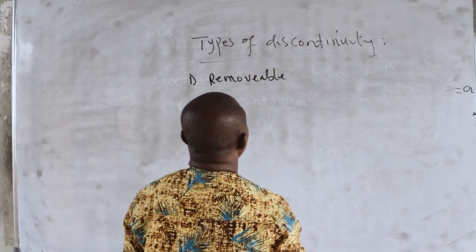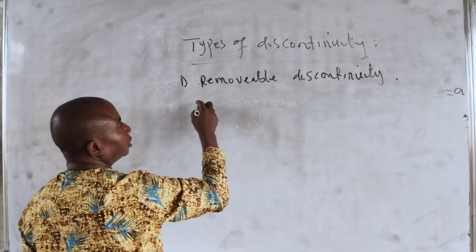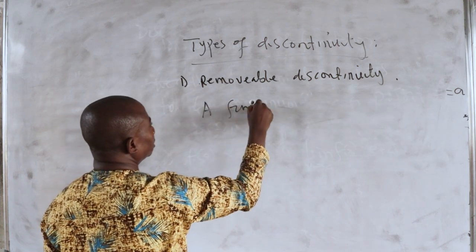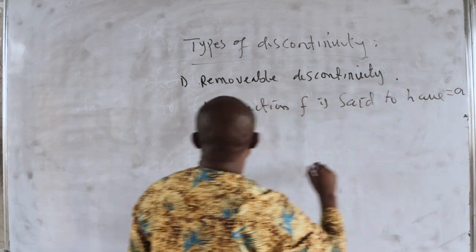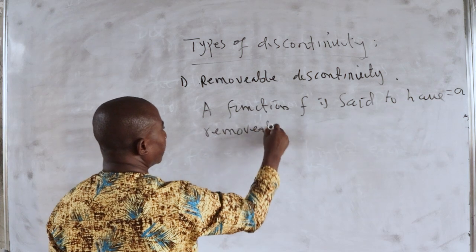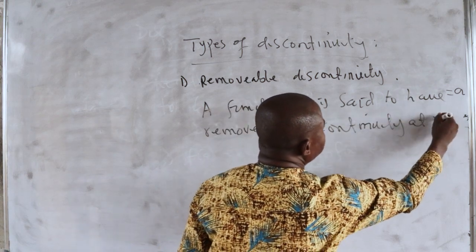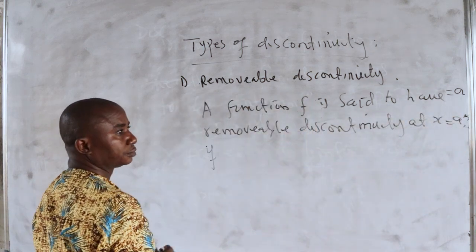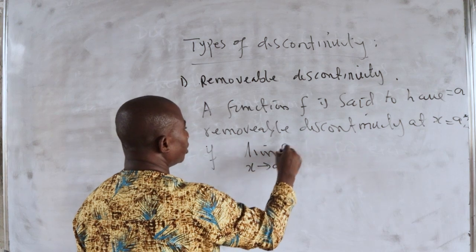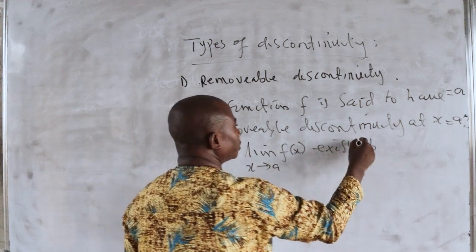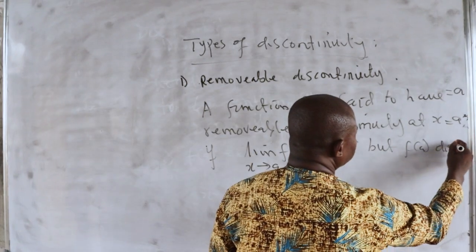A function f is said to have removable discontinuity at x equals a if the limit as x tends to a of f of x exists, but f of a does not exist.